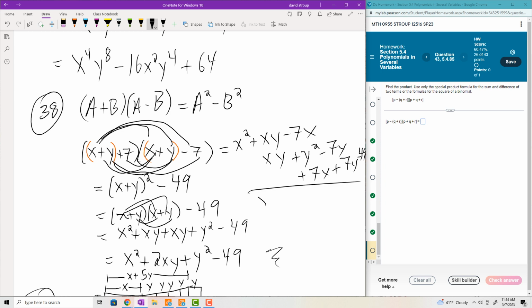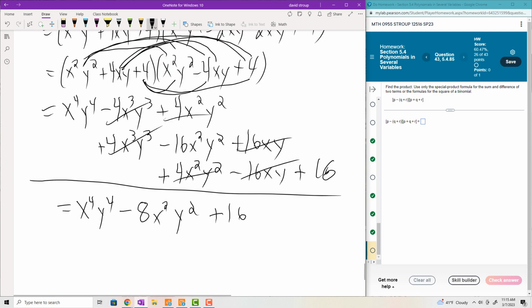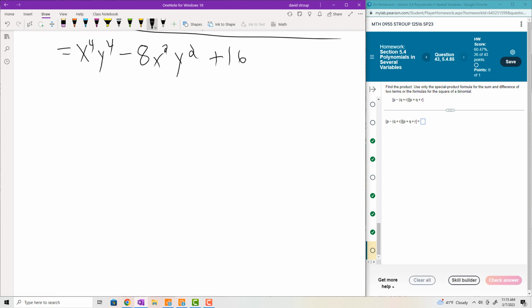Adding those together, x squared plus 2xy. These 7x's cancel, there's a plus y squared, and then these cancel, and then there's a 49, so you get the same thing. But if you've got the formula down, then it's a little easier.